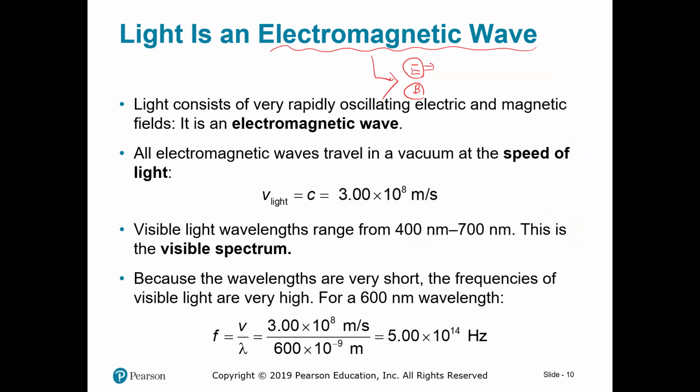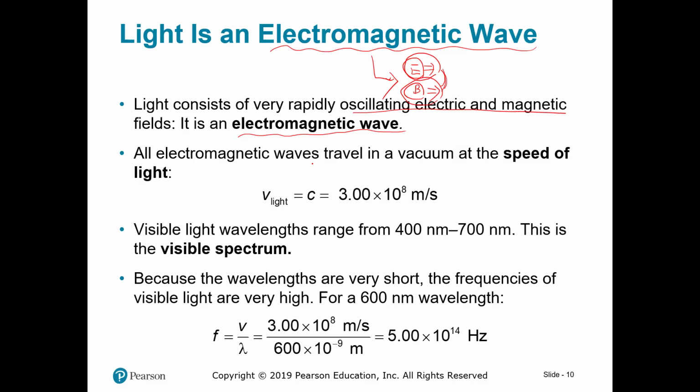The electric field is generated by current, and the magnetic field is generated by a magnet. These two generate each other, and the combination of the two is light. So light consists of very rapidly oscillating electric and magnetic fields, and we call it an electromagnetic wave.